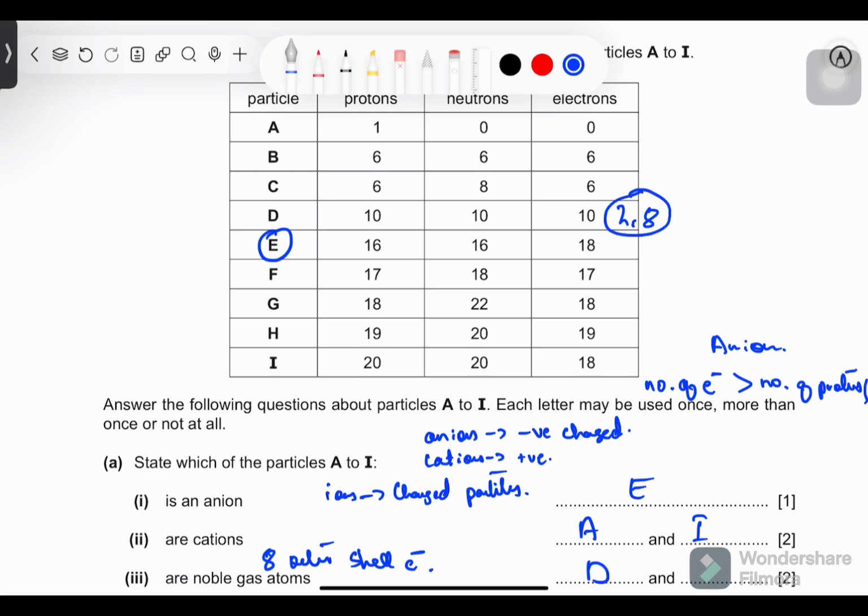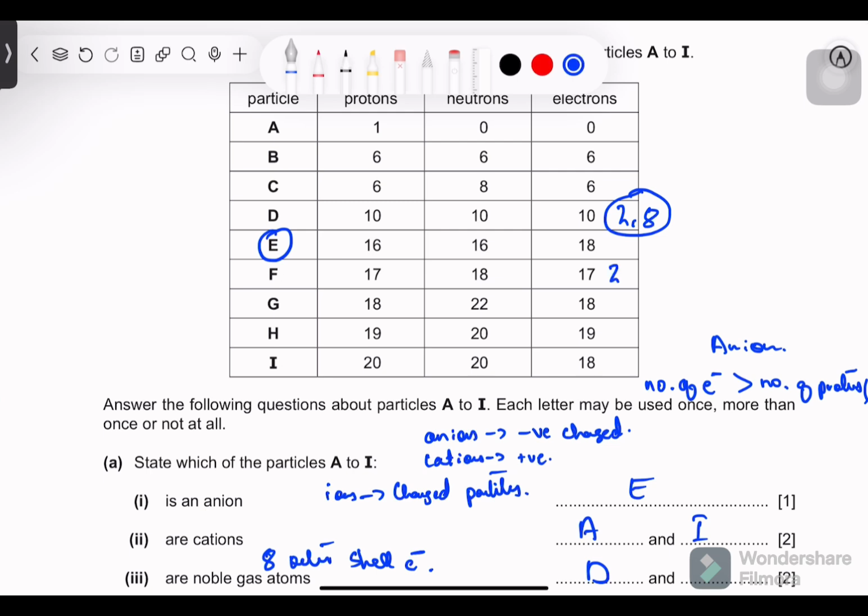Next, if we look at E, E also has 18 electrons, and it has an electronic configuration of 2 8 8, but the problem is that it is an anion. We have already decided that in part 1. So it is not a noble gas atom, it is an anion, because noble gases don't gain or lose electrons like this.